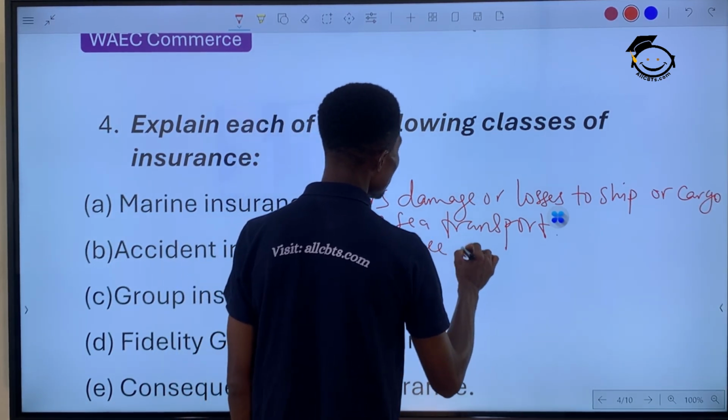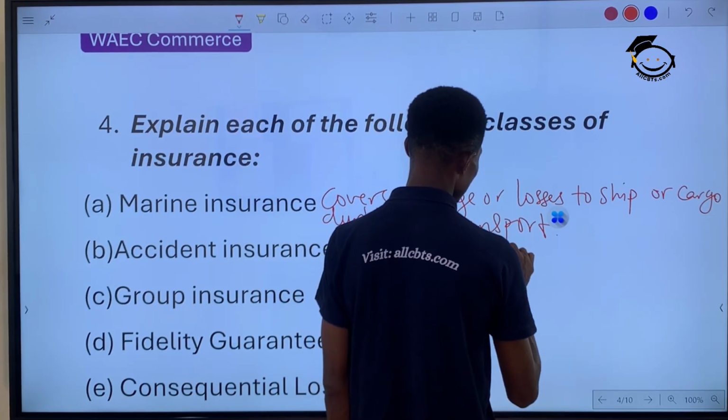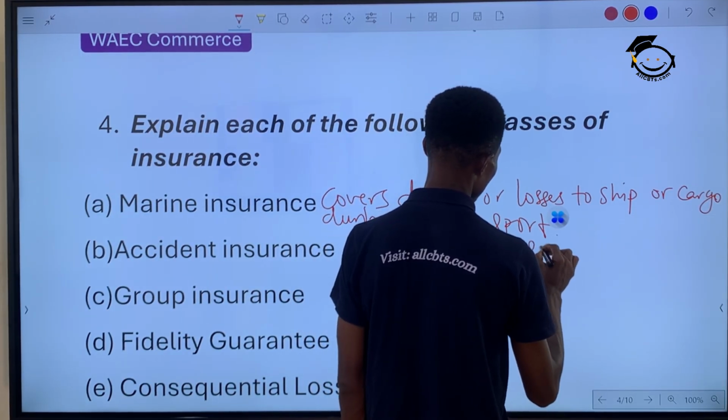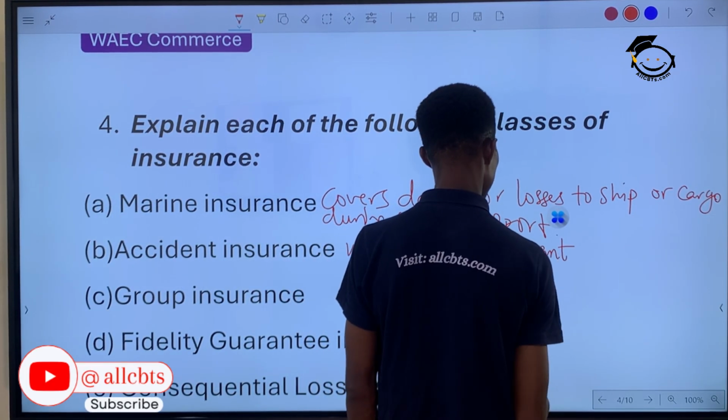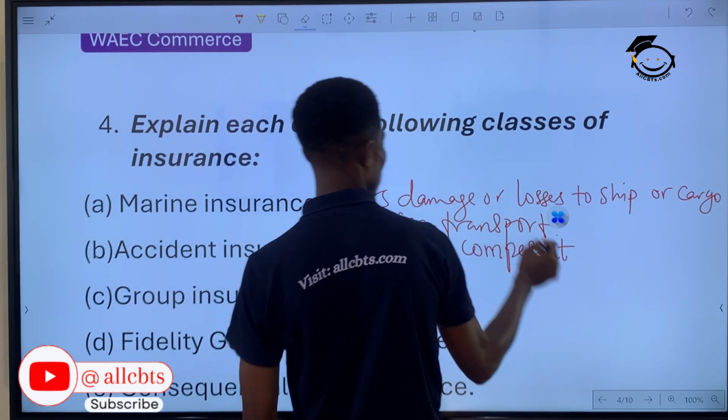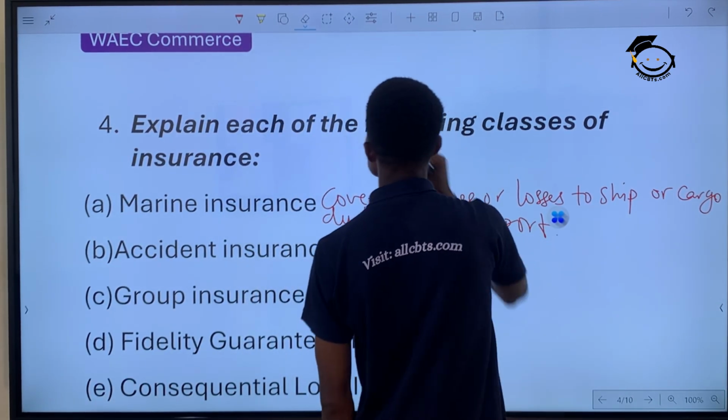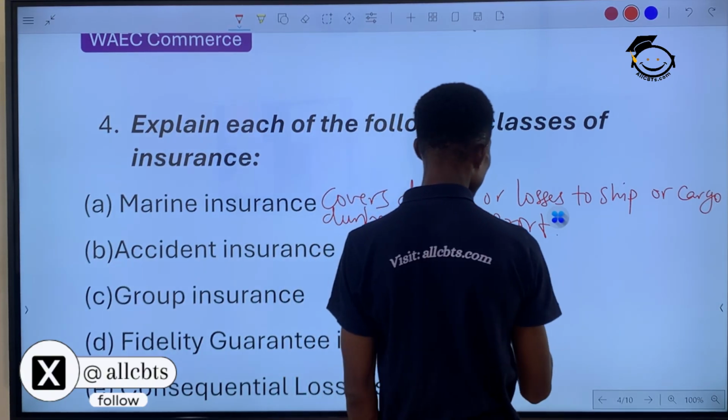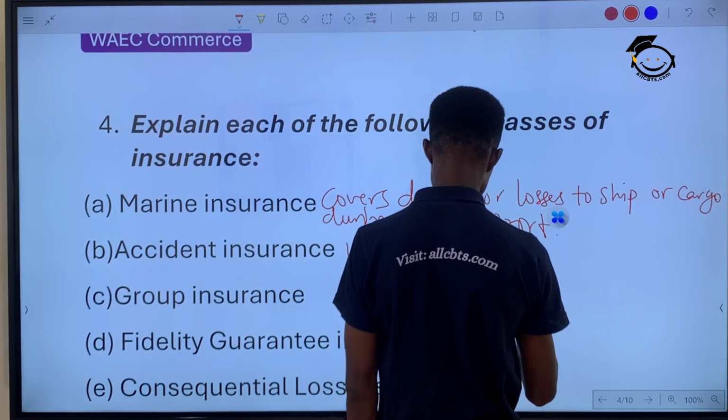Accident insurance compensates or provides financial protection.